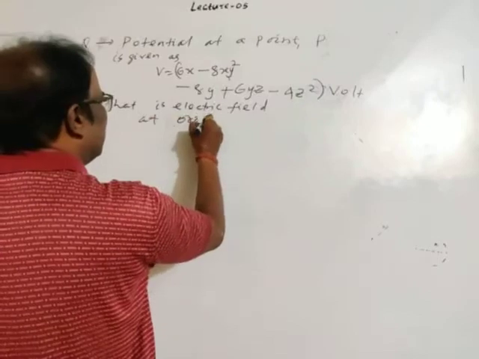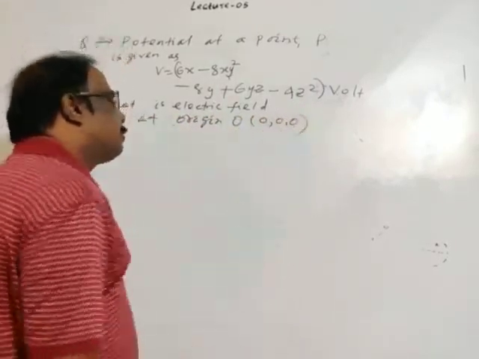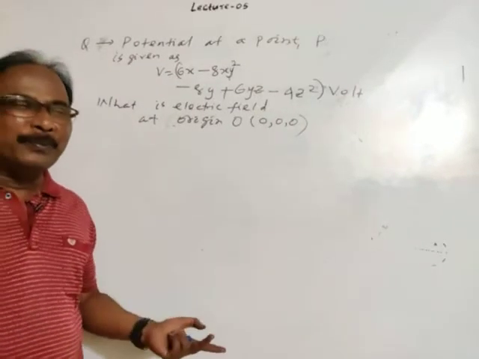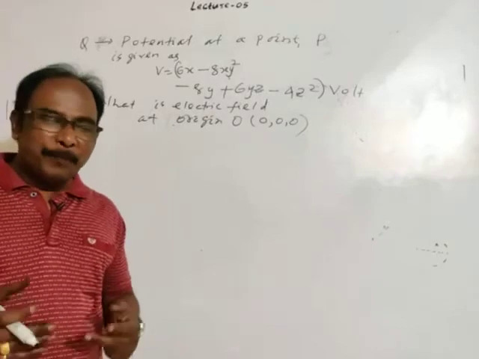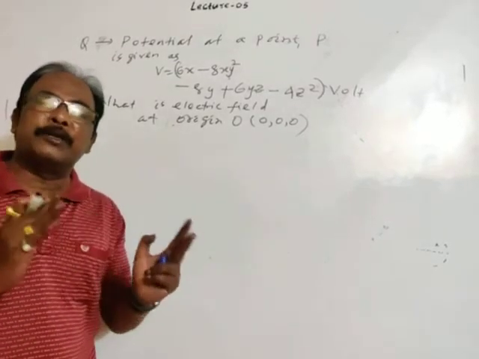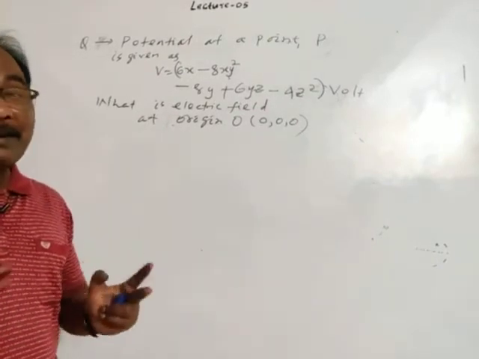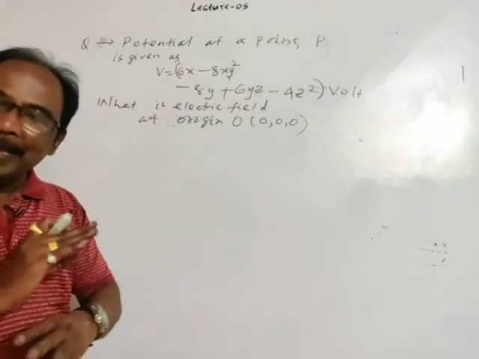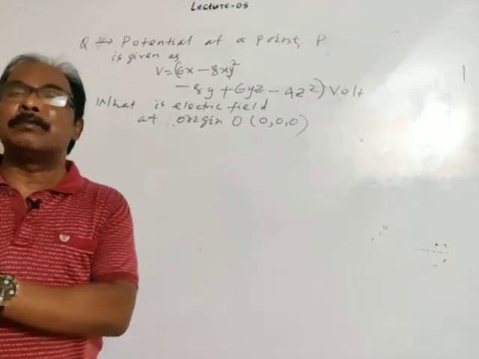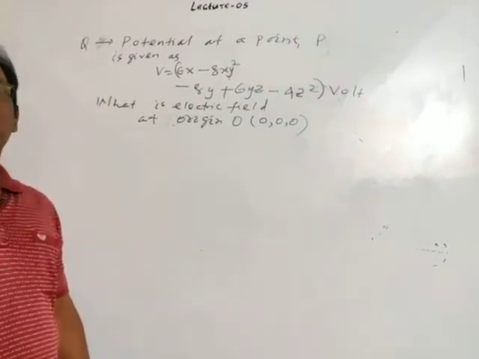Suppose I am taking the origin. If coordinates are given, the coordinates of the origin are 0, 0, 0. You can use any coordinate for the origin. You know the position vector: if the coordinates of point P are x, y, z, then the position vector is (x minus 0) i cap plus (y minus 0) j cap plus (z minus 0) k cap, since the coordinates of the origin are 0, 0, 0.